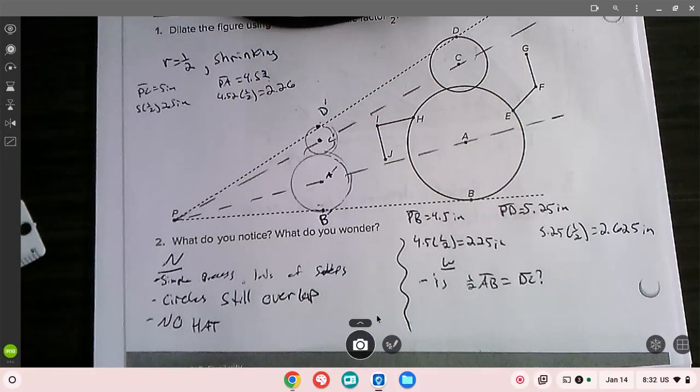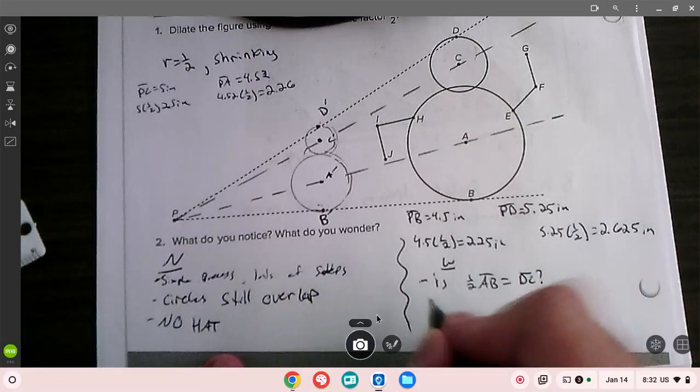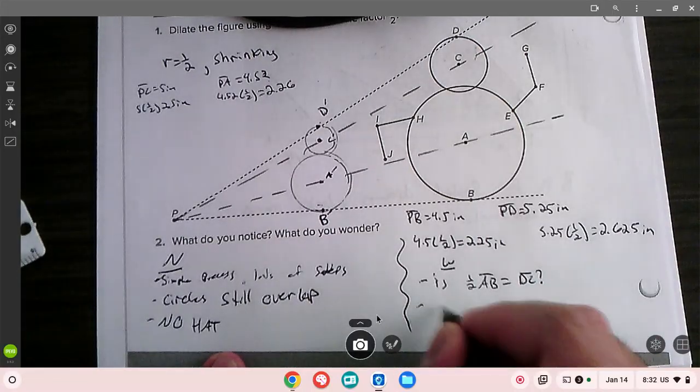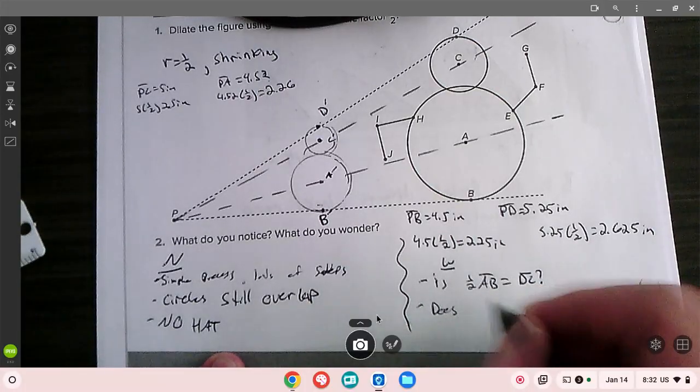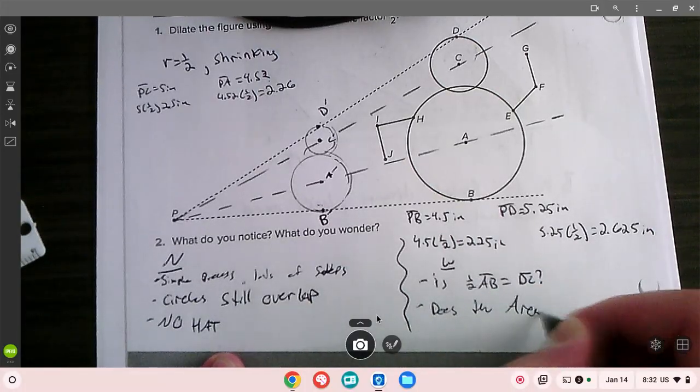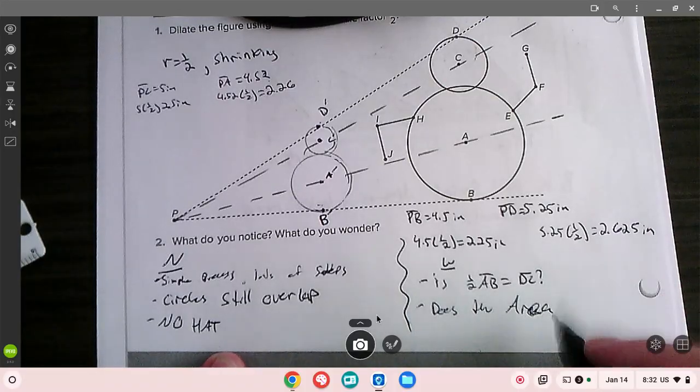Okay. Anybody have any other wonders? The one thing I really wonder about is, does the area also half?